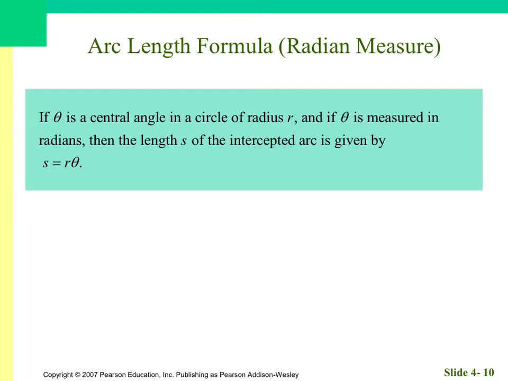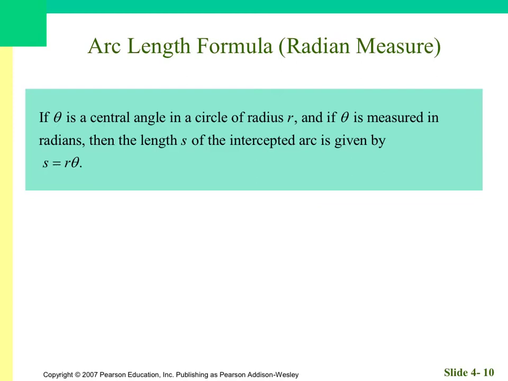If theta is a central angle in a circle of radius r, and if theta is measured in radians, then the length s of an intercepted arc is given by s is equal to r theta. Remember that we did this in the review. So here's the thing.